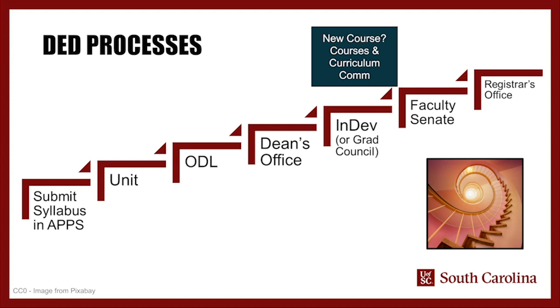To add another layer of complexity, if this is a brand new course, it also will go before the Courses and Curriculum Committee, another subcommittee of the Faculty Senate. And then for undergraduate classes, if it goes through Courses and Curriculum and InDev, it's forwarded to the Faculty Senate for their final review before it's distributed as an approved course to the registrar's office.